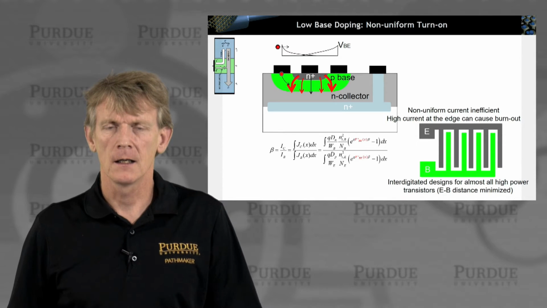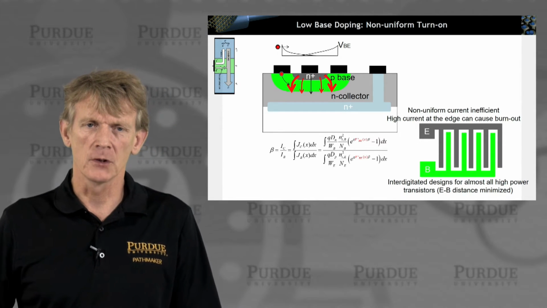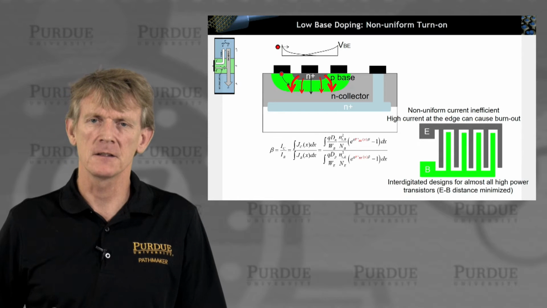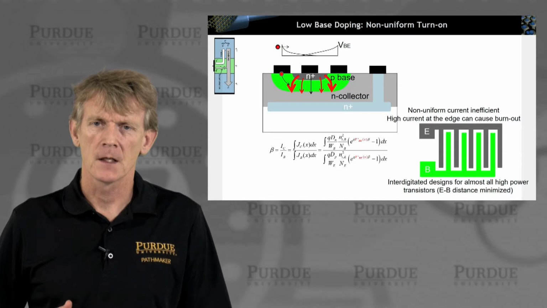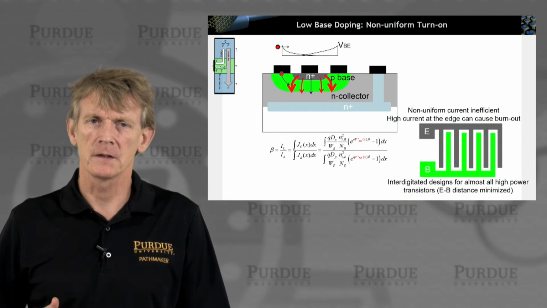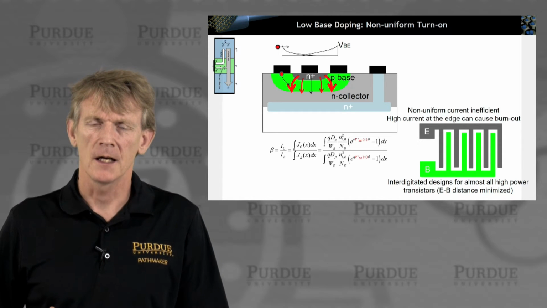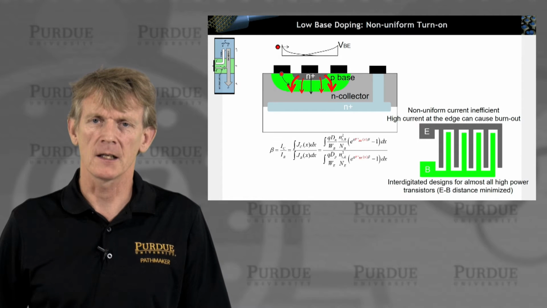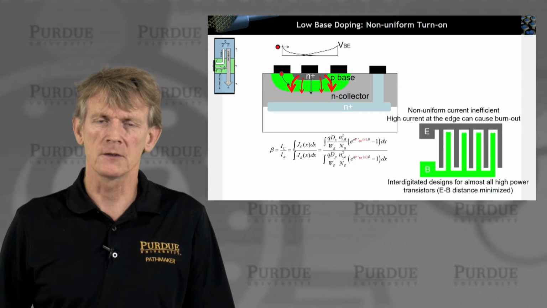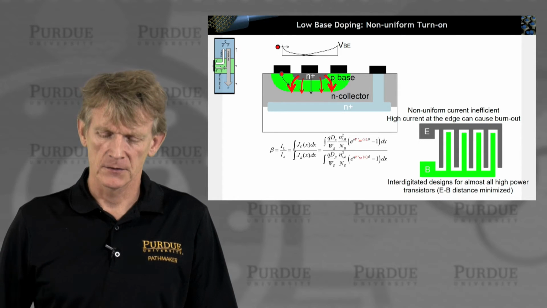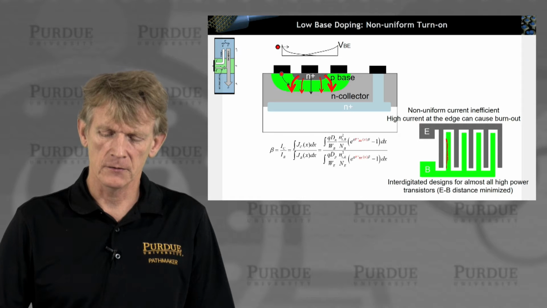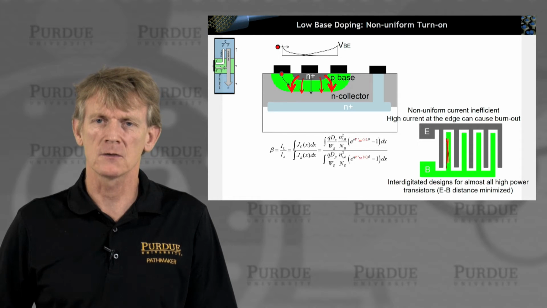And one way that is technically really relevant is you have an interdigitated design where you have large components of the device where you enforce a pretty homogeneous electrostatic field throughout the device, and you deal with a doping in the base that is not too small, such that you don't have significant resistive drops along this direction.